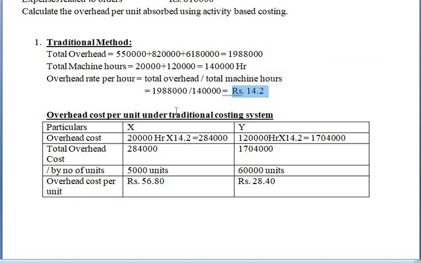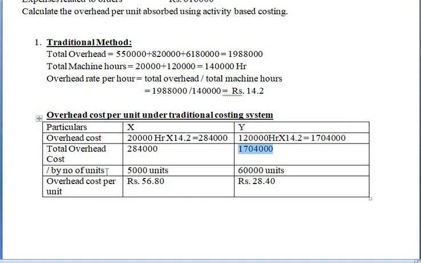Now calculate overhead cost per unit under traditional costing method. So overhead cost, first write down overhead cost. So overhead cost is based on machine hours. So for X 20,000 hours, for Y 1,20,000 hours. So per hour we have calculated here 14 rupee 20 paisa, multiplied by 14 rupee 20 paisa. We will get 2,84,000 for product X and 17,04,000 for product Y. This is the total overhead cost under traditional costing system, and here we have to calculate rupees per unit.